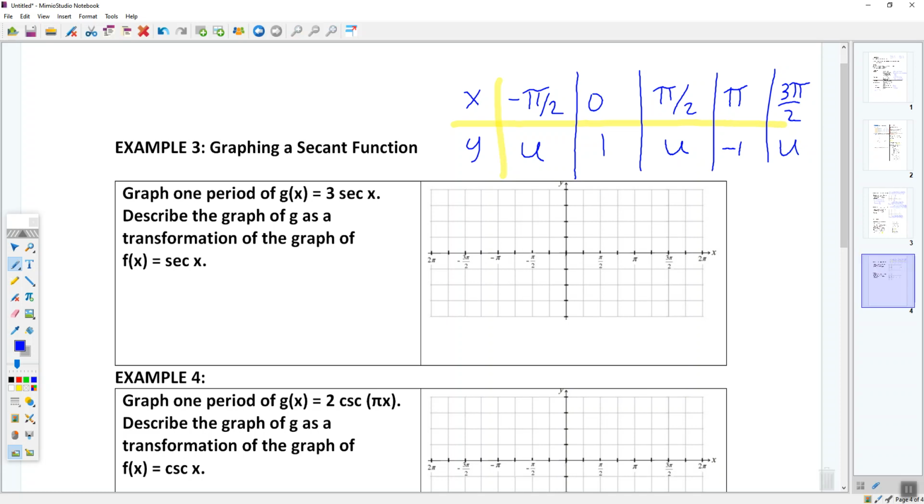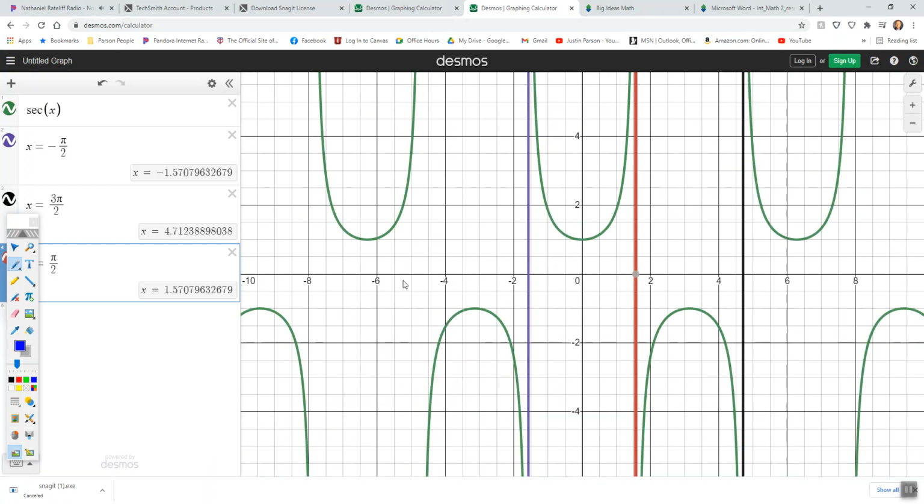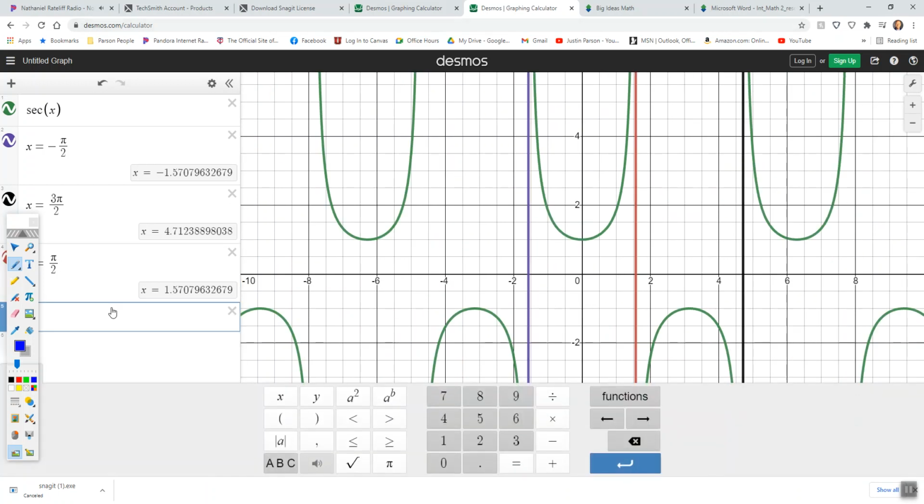Okay, I want to show you something right here. This, my friends, is your secant function. Now, if I type in y equals cosine of x, see how these peaks and valleys line up? For every peak of the cosine, what do you have for the secant here, a local minimum or a local maximum? For a peak, it's a maximum, but going from cosine to secant, every peak turns into a minimum.